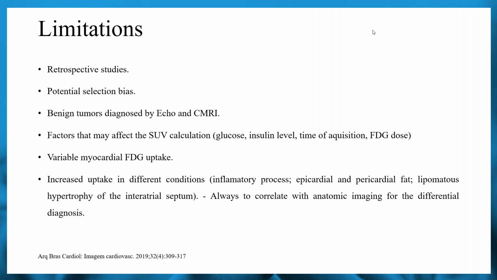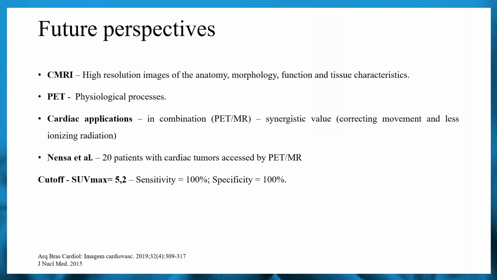So it's important always to correlate the PET image with the anatomic imaging of the CT or the MRI in order to improve the accuracy of the differential diagnosis. For the future, we have the merging of 2 very established methods: the CMRI providing high resolution images of the anatomy, the morphology, cardiac function, and tissue characteristics, while the physiological process images come from the PET.